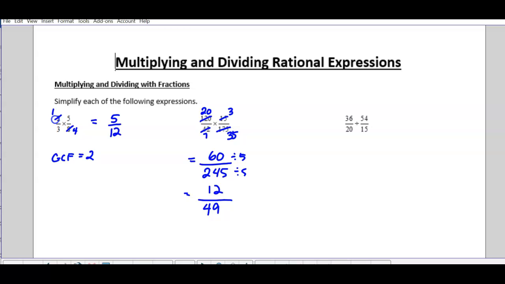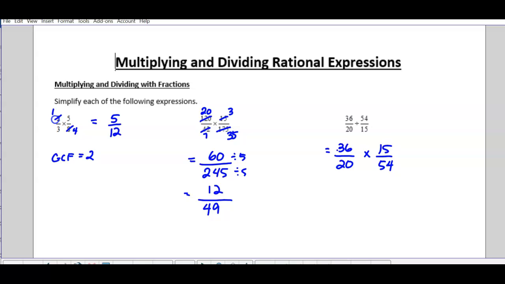Next one, we're dividing fractions, so you invert the divisor and then multiply. You could simplify within each fraction before flipping it. I just flip it first. That's what I'm going to do with rational expressions. Now I look at that, what can I do to simplify this?